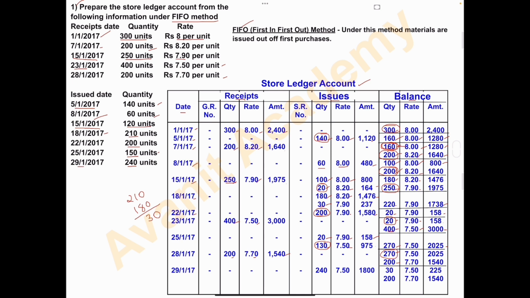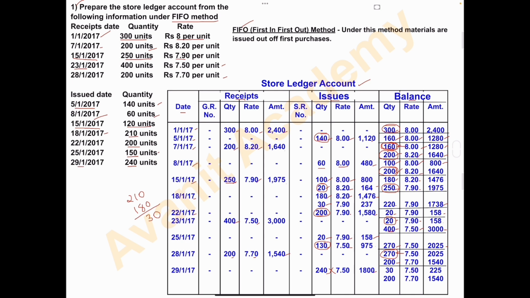So write here in issues 240 units and the rate, which rate will you take? This one, 7.50. Multiply 240 into 7.50 and the amount is 1,800. We'll write the balance. From this 270, we have issued 240 units.